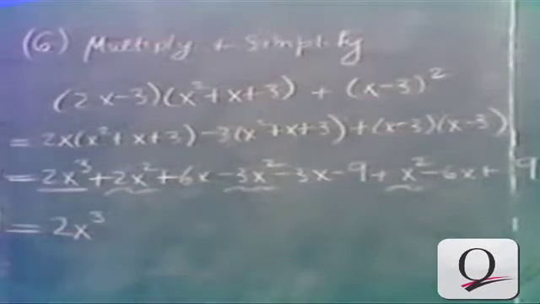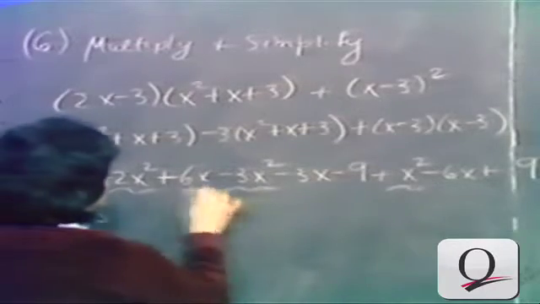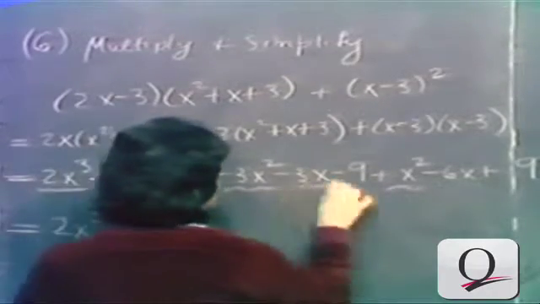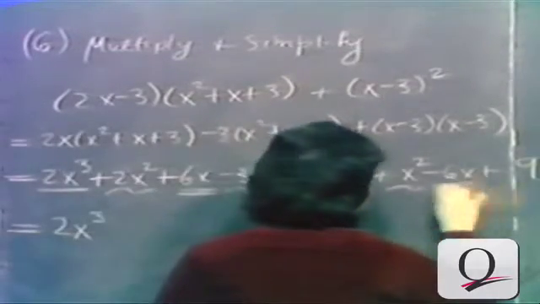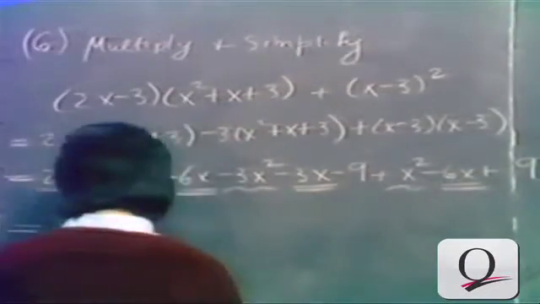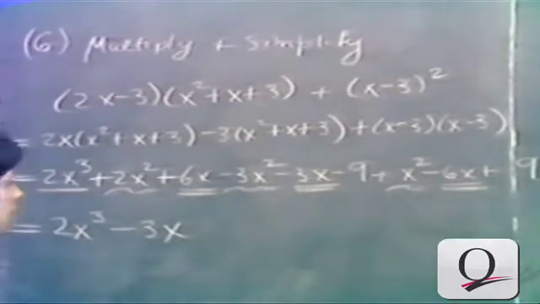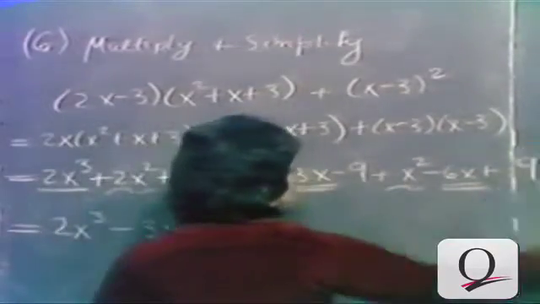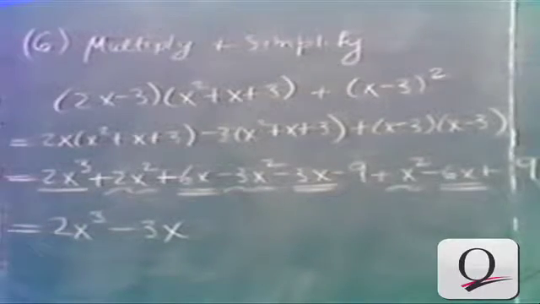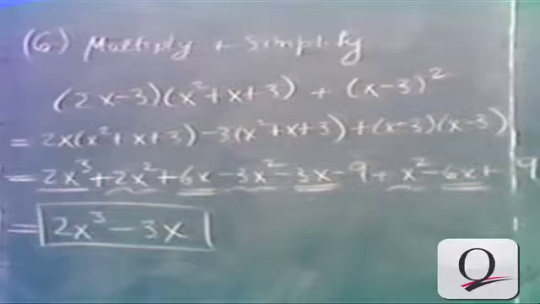So the x squareds drop out. Now let's look at the x terms. We have plus 6x minus 3x minus 6x. So we have 3x minus 6x, for minus 3x. And then finally, the constant terms, the minus 9 and the plus 9, cancel each other out. So we're just left with 2x cubed minus 3x.